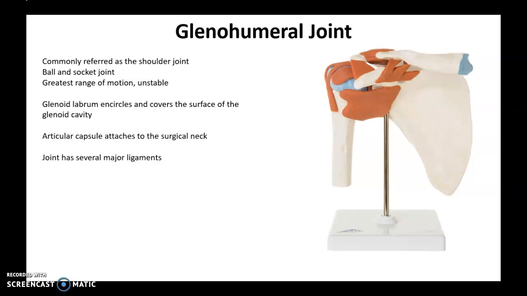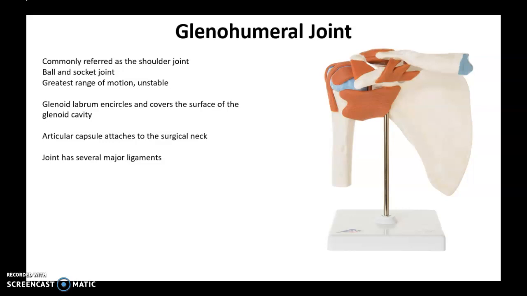Okay. The fibrocartilaginous glenoid labrum encircles and covers the surface of the glenoid cavity. You do not see labrum in this picture. However, in your lab hit list, there are two structures called capsule and labrum. For testing purposes, for the online class, I will not quiz you on labrum and capsule.